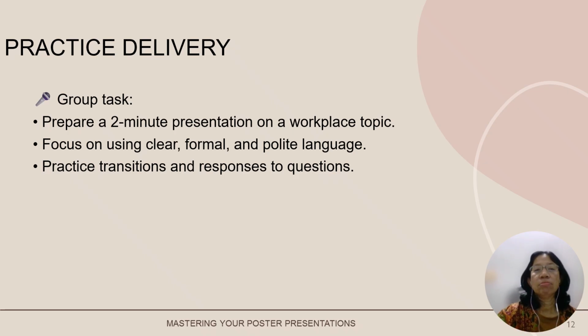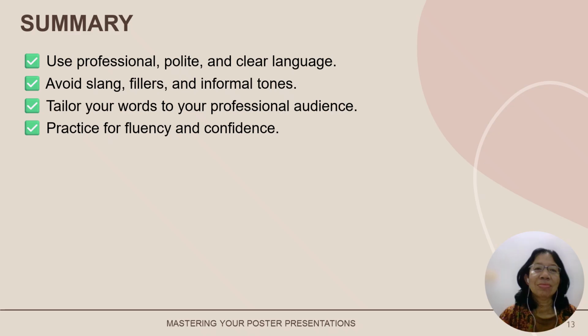To bring everything together, let's quickly review the essential takeaways from this entire unit on professional language. Remember these four crucial rules for every professional presentation you give. Use professional, polite, and clear language. Clarity is your top priority, supported by formality.